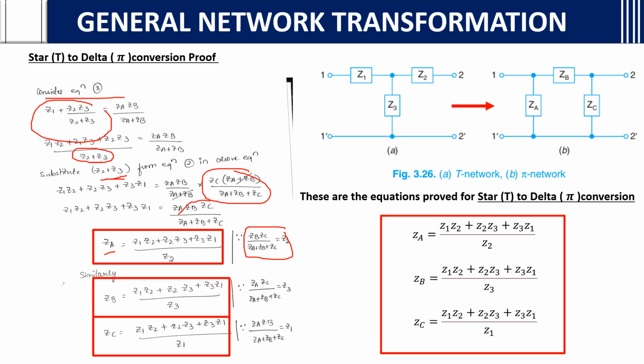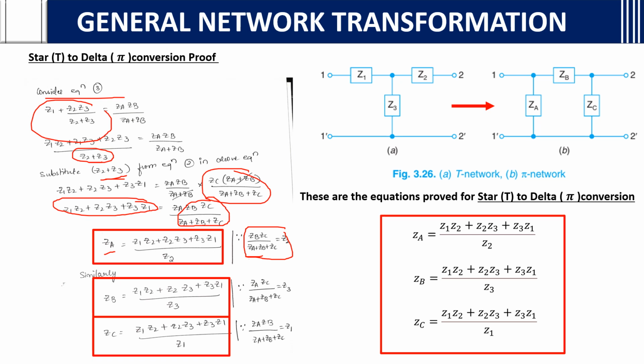This total is Z2. If you substitute Z2 here, you will get ZA in terms of the star form values. If you have only Z1, Z2, Z3, you don't know ZA, ZB, ZC. To calculate ZA, ZB, ZC, you should know Z1, Z2, Z3, so you need to convert into those forms.